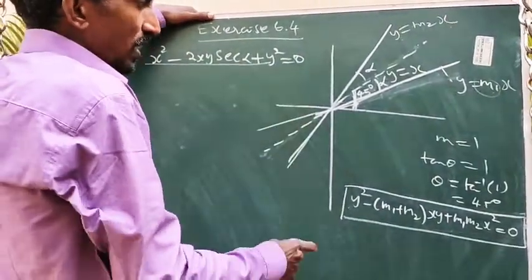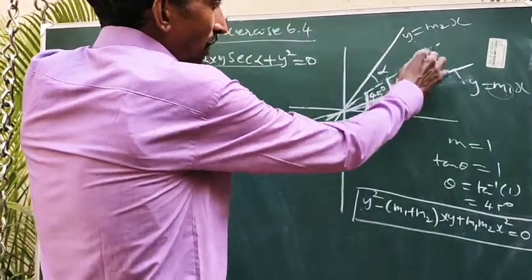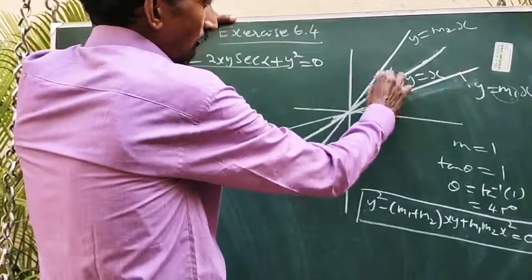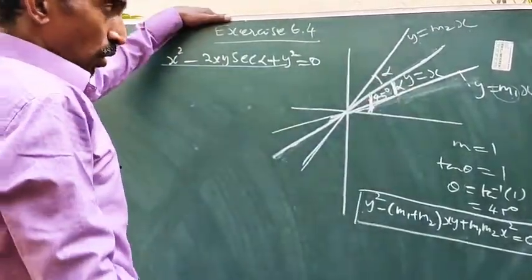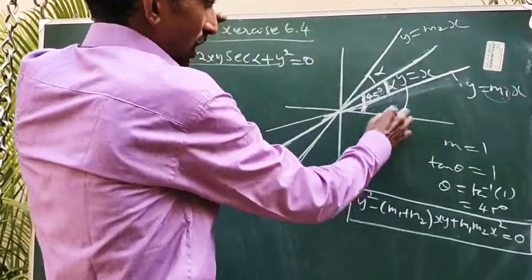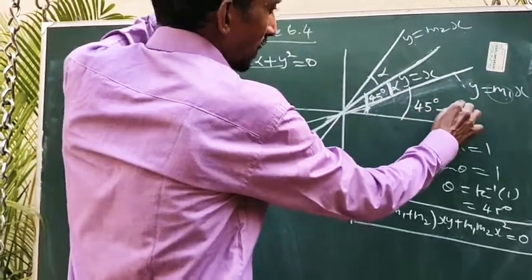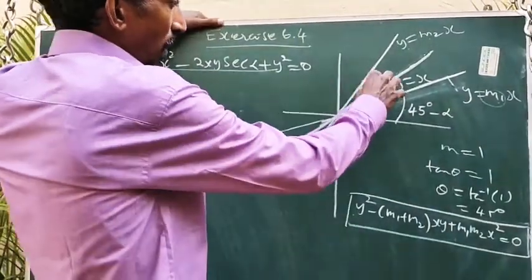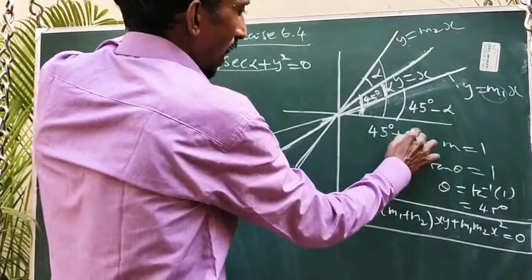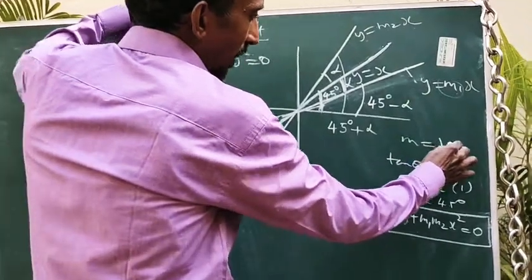In this question given that these two lines are making angle alpha with the line y equal to x. Okay, this is alpha and this is also alpha. So the angle made by the first line is the whole 45 minus this. So 45 minus alpha. And the angle made by the second line is 45 plus alpha. So we know that m equal to tan theta.